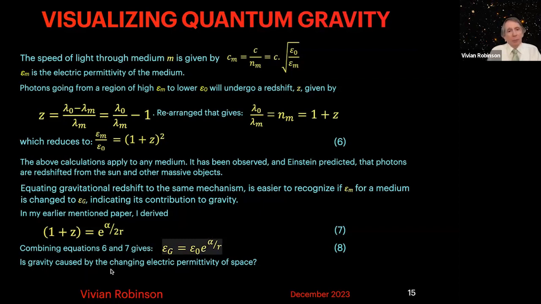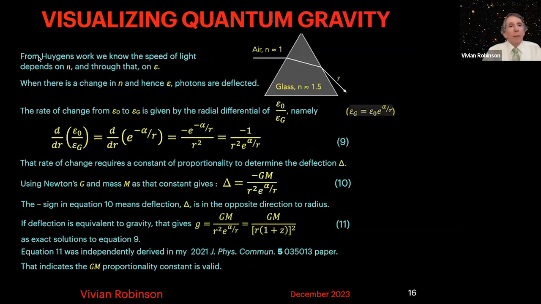Is gravity caused by the changing electric permittivity of space? Well, from Huygens' work, we know that the speed of light depends upon the refractive index and, through that, the electric permittivity. When there is a change in refractive index and hence permittivity, photons are deflected. And this is a classic diagram and shows what has been known.